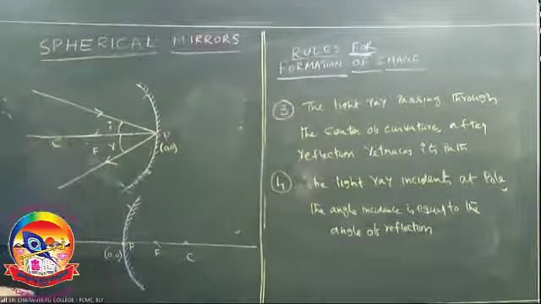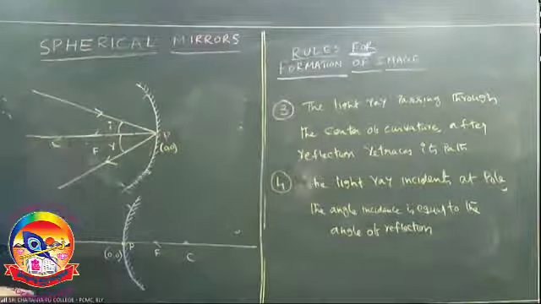In problems, the F value will be given and you are asked to calculate R, or the R value will be given and you are asked to calculate F. Relation: R is equal to 2F. Now let us consider the final result. R is equal to 2F.